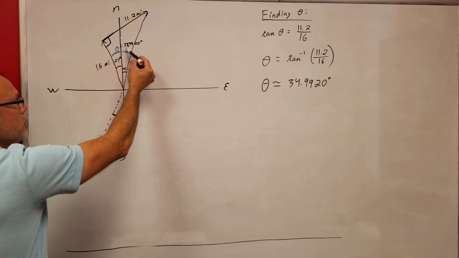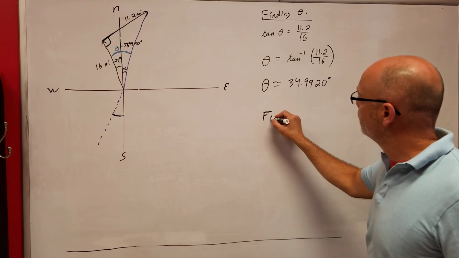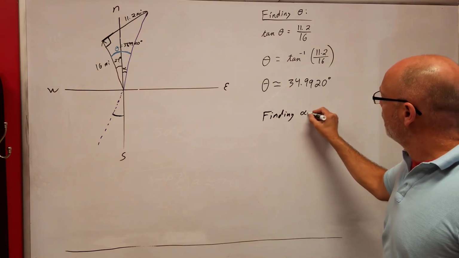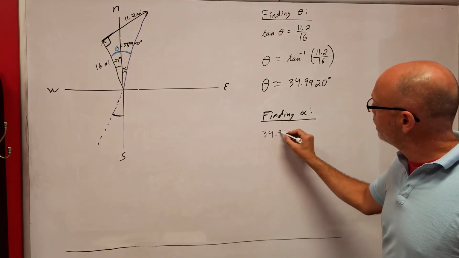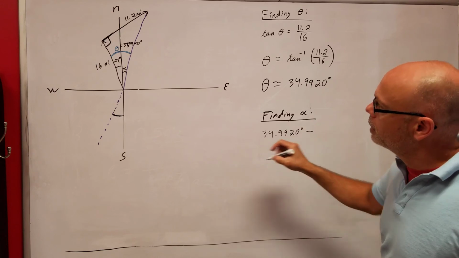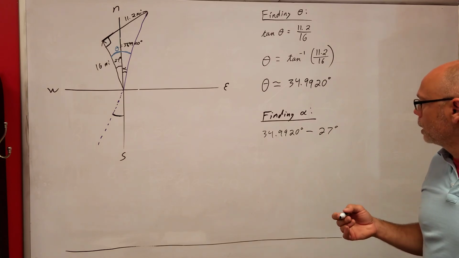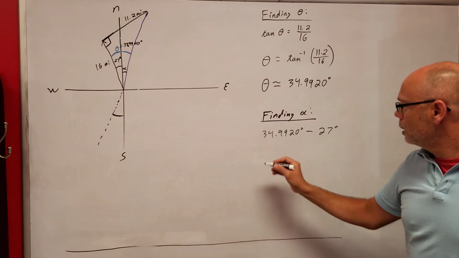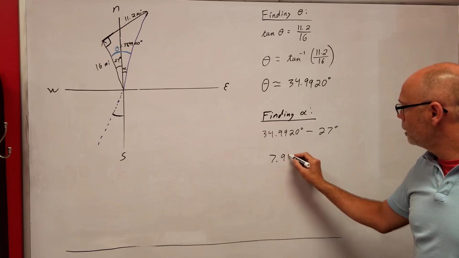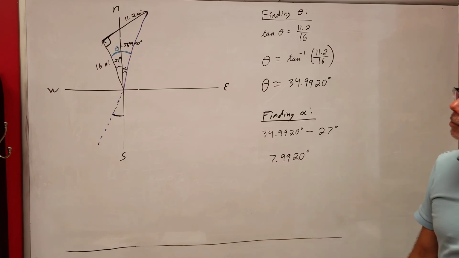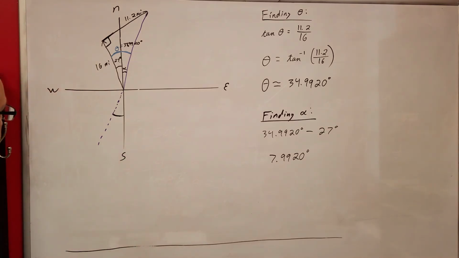So alpha is going to be theta, which is 34.9920 degrees, minus that 27 degrees. That gives me 7.9920 degrees. Now, I'm not going to mark that because it's too small to put in there and I'm getting too much stuff in there.